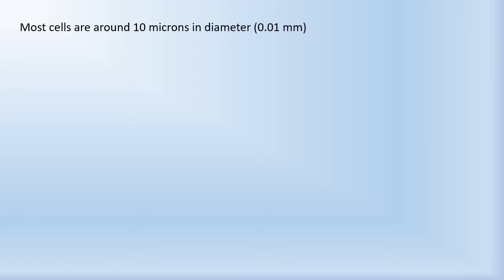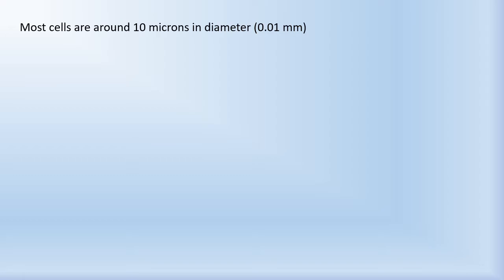Cells are the structural and functional units of all living organisms. In the multicellular organism like the human, the cells collectively carry out all the processes that make the organism a living entity. Cells vary in shape and size, but on average most cells are around 10 microns.